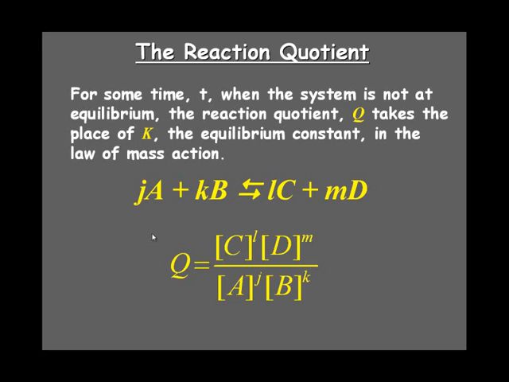You have the balanced equation, capital letters are the substances, lowercase letters are the coefficients, and the Q is simply products raised to the power of their coefficients over reactants raised to the power of their coefficients. So essentially Q is the K value, but the values in the expression are not necessarily at equilibrium.